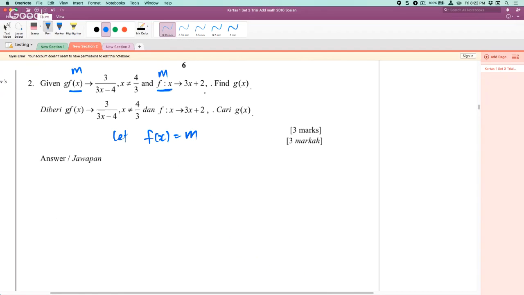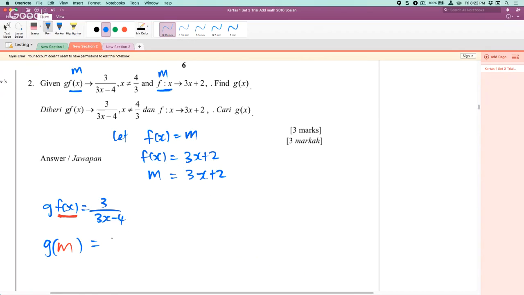What happens is I start from this equation over here first. Since f(x) equals 3x plus 2, I will say m equals 3x plus 2. I will leave it here first, and then go back to g(f(x)). g(f(x)) equals 3 over 3x minus 4. Since my f(x) is m, I'm going to call this g(m).